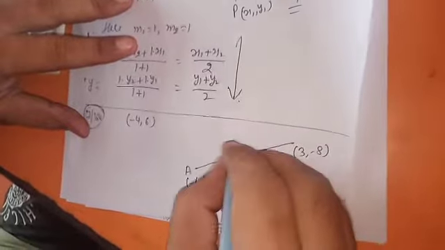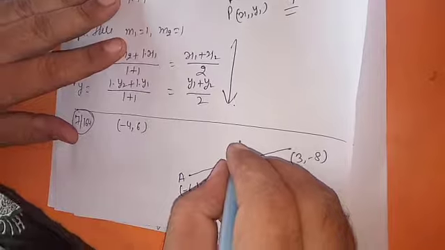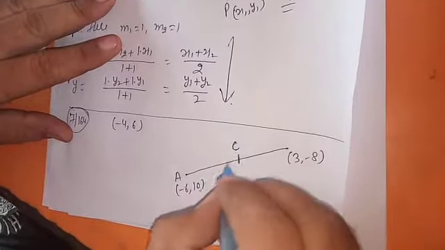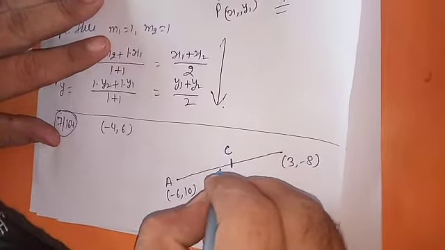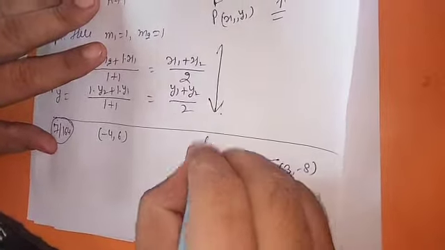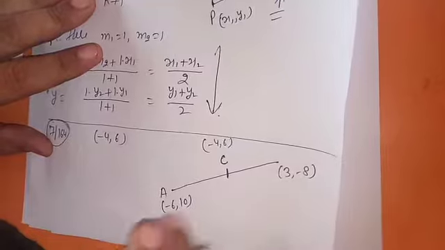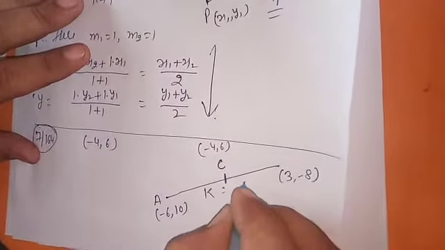Here is a point, you can call it C. In what ratio does the point with coordinates (-4, 6) divide this line segment? You have to tell in which ratio C divides it. You can say k to 1.